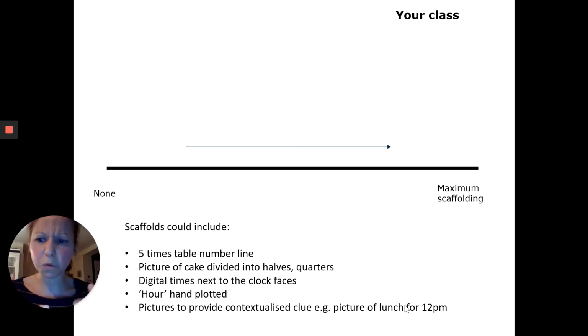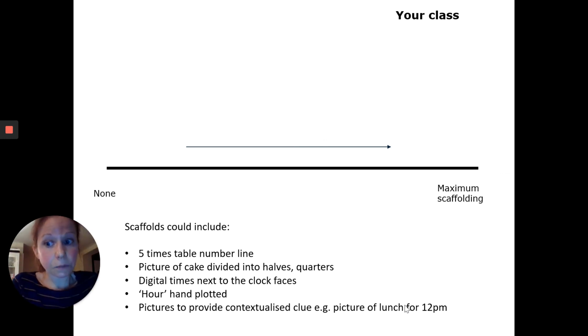So I might give a few worked examples. I might plot the hour hand in and just get them to refer to 1/4 past, 1/2 past, so they're just rehearsing one particular bit before they can move on to connect two different bits. And I might give a picture to contextualize the clue, so a picture of lunch to help them understand this concept of 12 p.m., whatever.